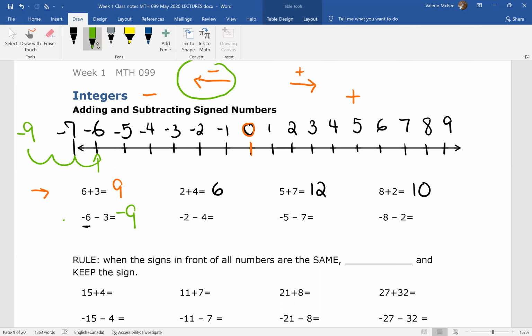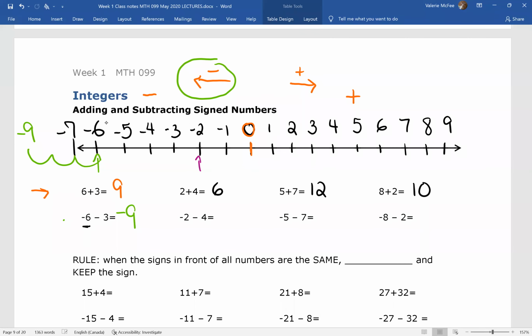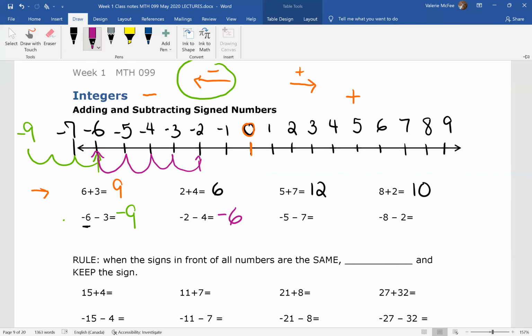Let's look at -2, subtract 4. Start at -2. We're subtracting 4. What do you think about -5, subtract 7? I hope you can see the pattern here.